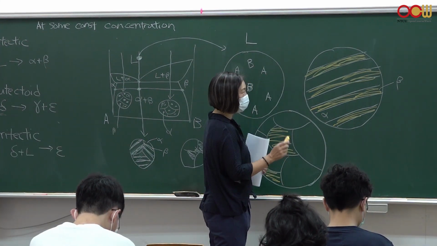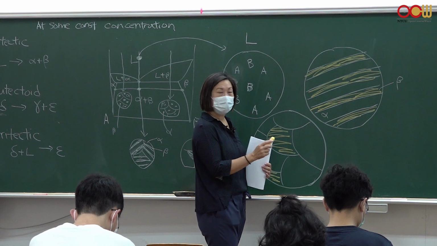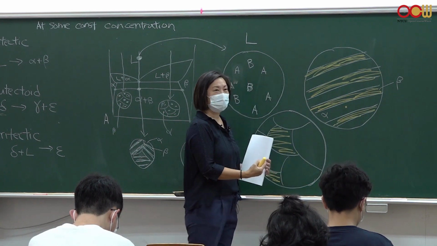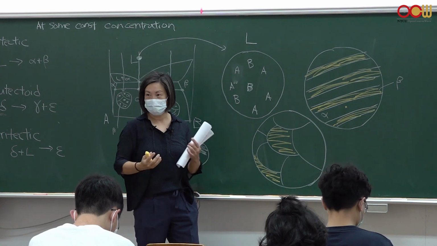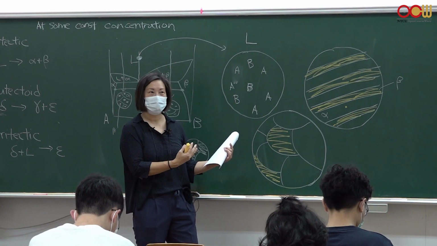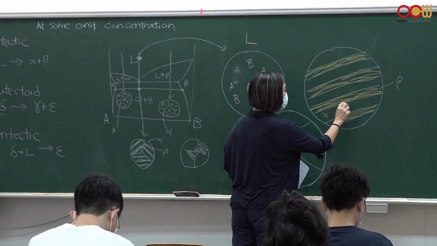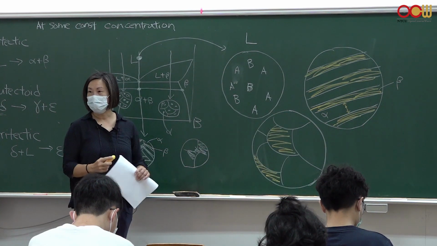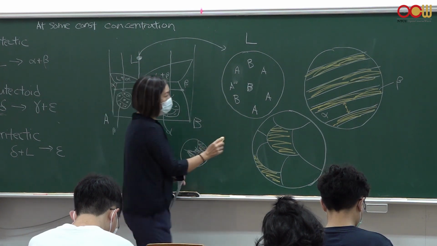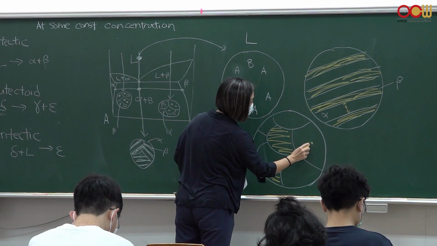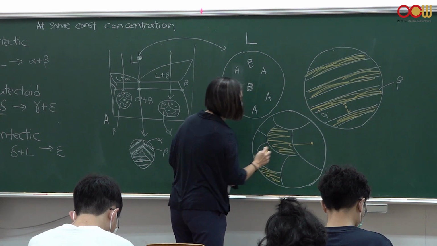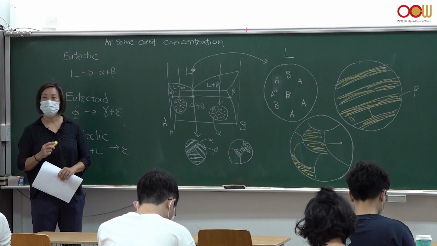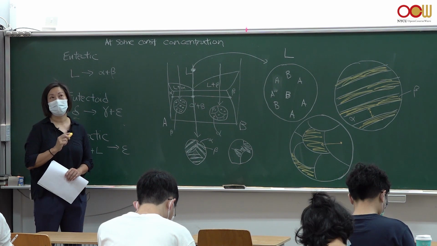And let's say I have a B element here, somewhere in the alpha. And it needs to migrate to a beta phase because it needs to go to the B-rich phase. I only have to migrate a short distance in order to get to the beta phase, right? But if I had a B element here, I would have to migrate for a long distance. I have to diffuse a much longer distance in order to get to the beta phase.